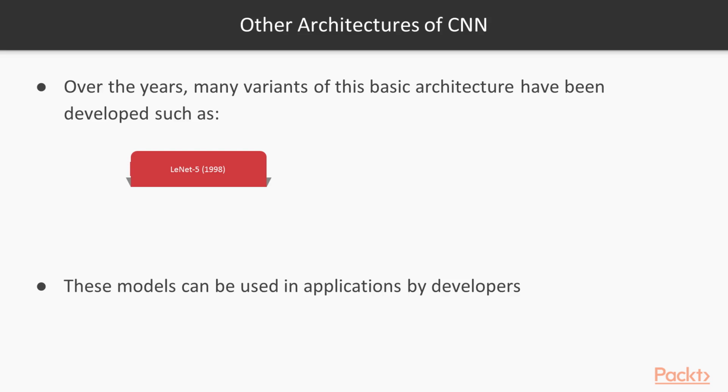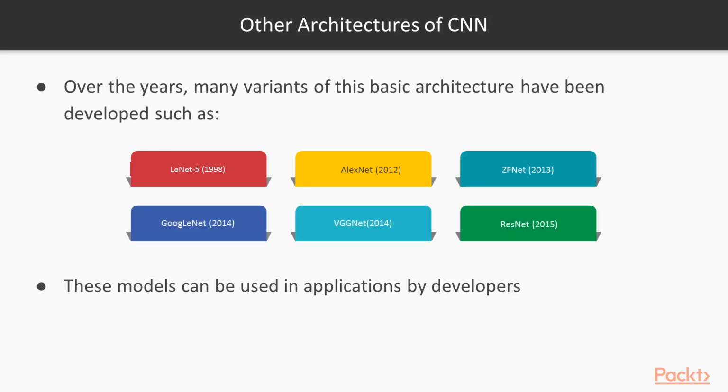These were the people who were working on the MNIST problem, if you remember. And they were the first ones to come up with the convolutional neural network architecture. Then we have AlexNet, and subsequently quite a few more trained open source neural networks like ZFNet, GoogleNet, VGGNet, and more recently ResNet. So these are open sourced.